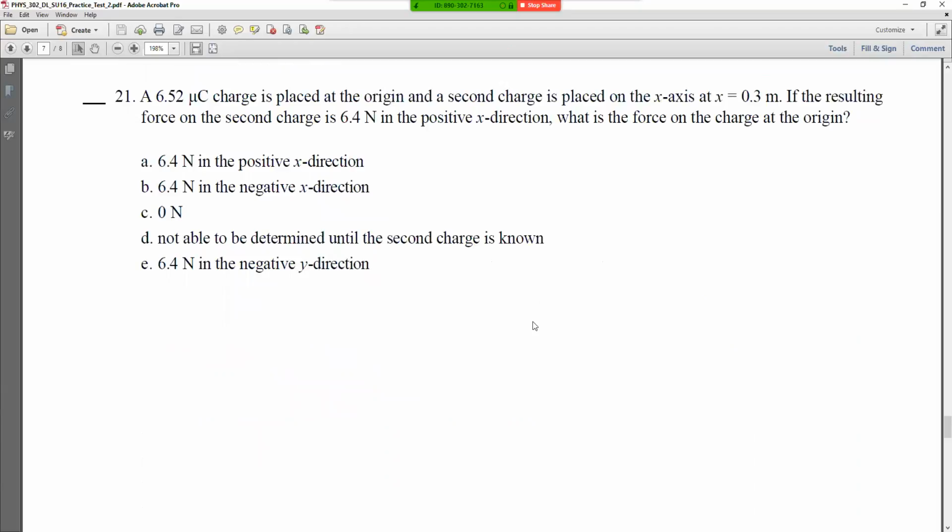Okay, number 21. Number 21, the answer is positive x direction. The answer is B. So this is Newton's third law. So you have two charges, Q1, Q2.